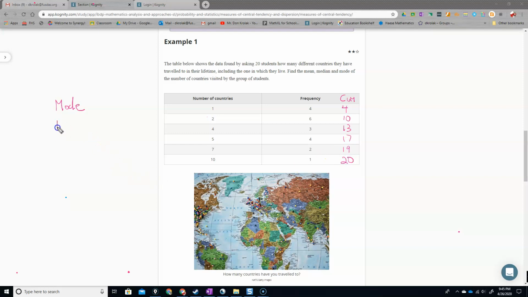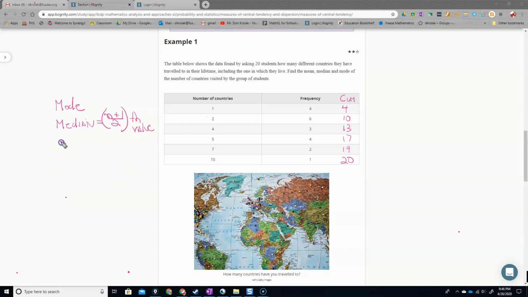So our median is the n plus 1 divided by 2 value.